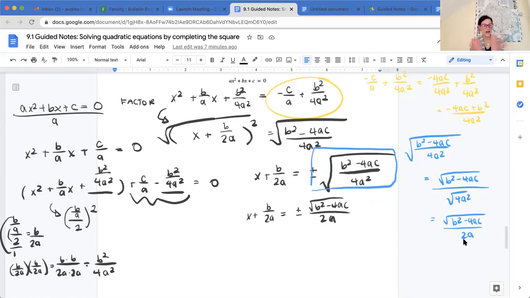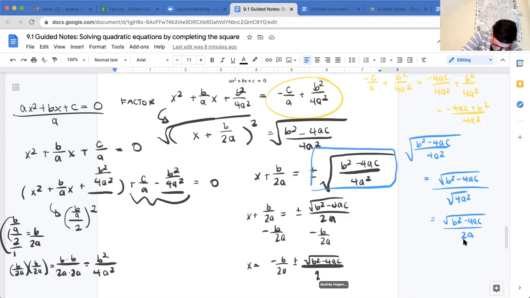And then to solve for x, all we have to do is subtract b over 2a to the other side. So minus b over 2a, minus b over 2a. So we get x is equal to negative b over 2a plus or minus the square root of b squared minus 4ac all over 2a.